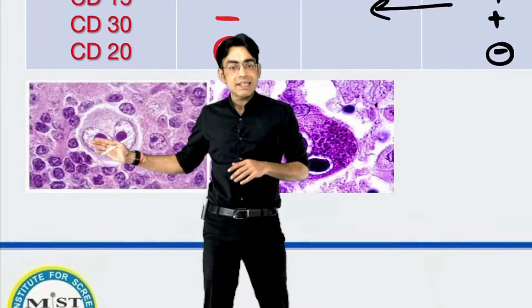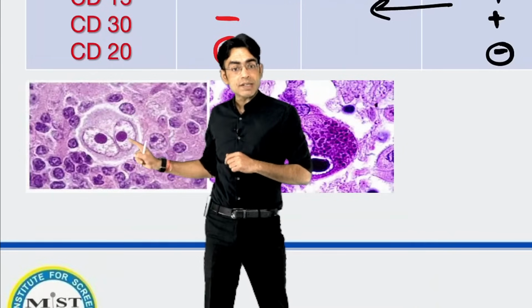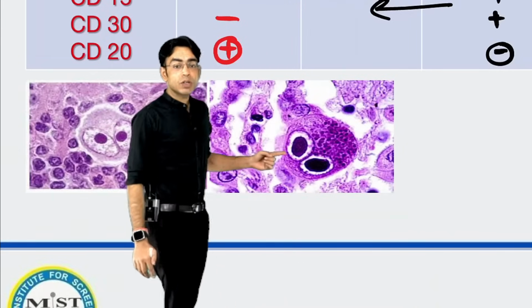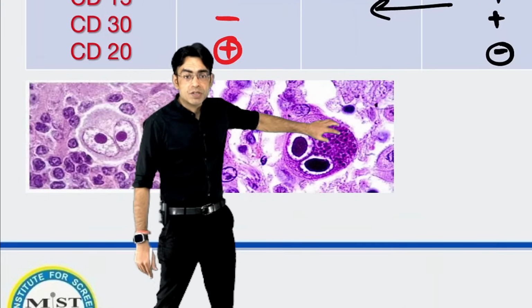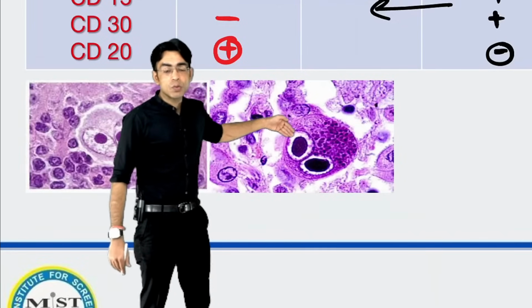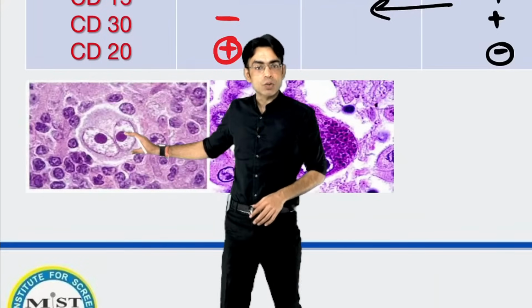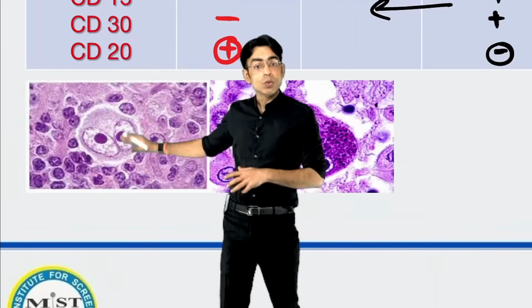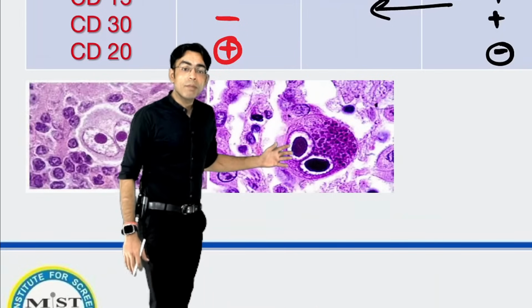For the RS cell, you have pinkish cytoplasm, proper 2 nuclei and 2 nucleoli. Whereas for CMV, the cytoplasm is bluish because there are viral inclusions, and you also have nuclear inclusions too. So this is more bluish, that is more pinkish. This one is more basophilic.